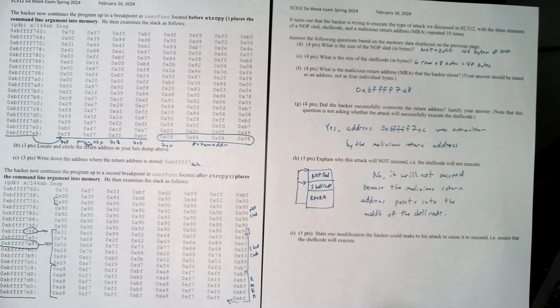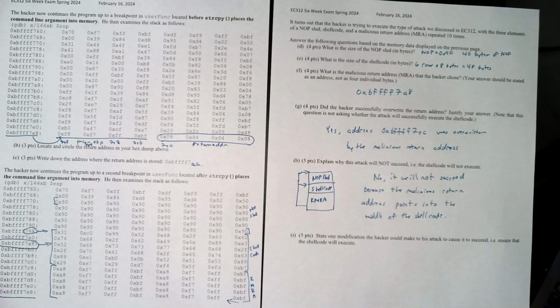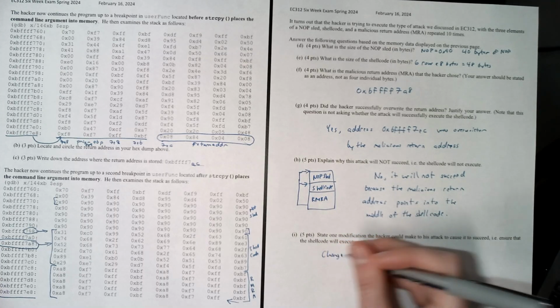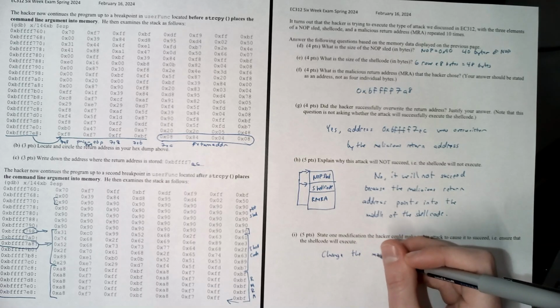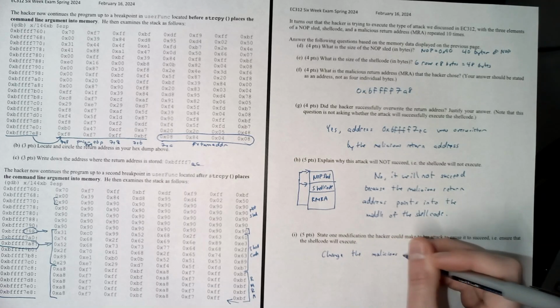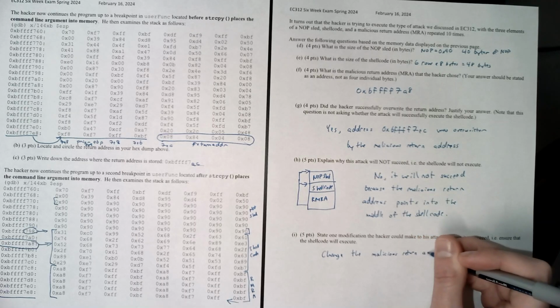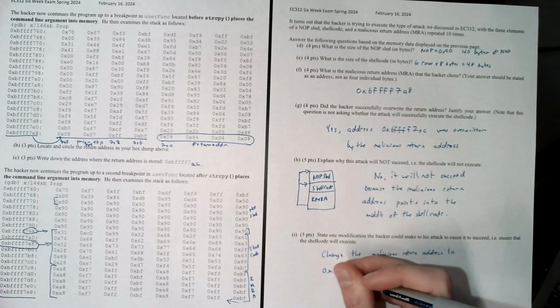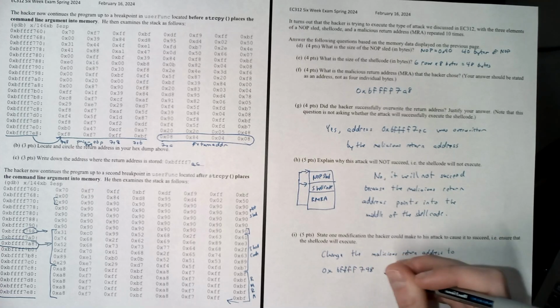All right, so then last one. State one modification the hacker can make to the attack to cause it to succeed, i.e. ensure the shellcode will execute. I would just say for this one, change the malicious return address to 0xBFFFF798.